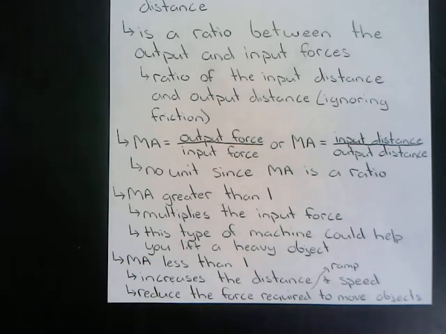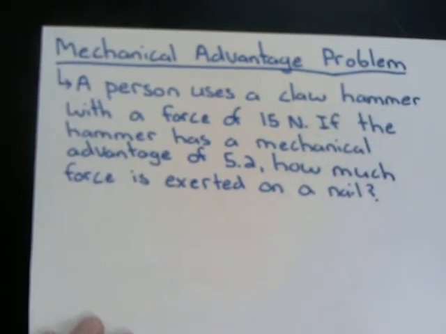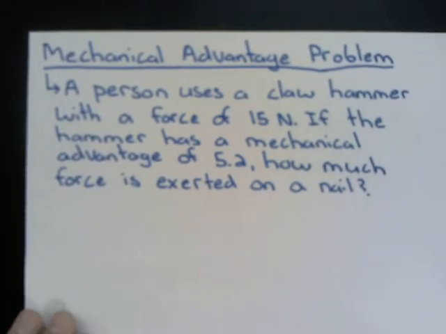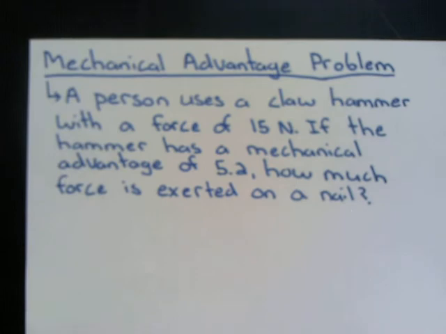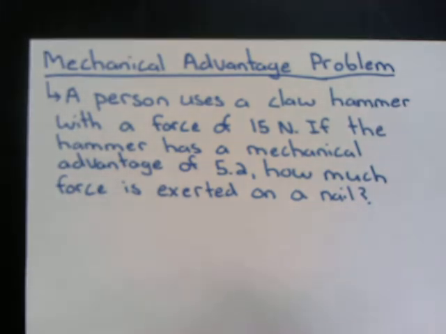So let's go ahead and try a couple of problems, or just one problem on mechanical advantage. So we'll switch gears here and move to our problem. A person uses a claw hammer, and that's just like a regular hammer, but the claw part, remember, is like the spikes that allow you to get the nail out of a board.